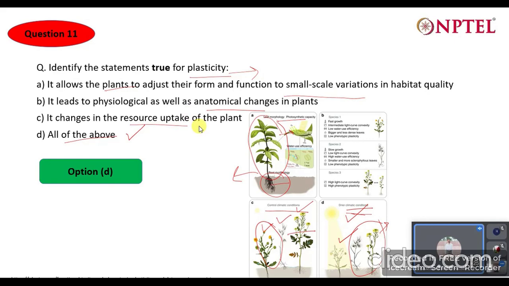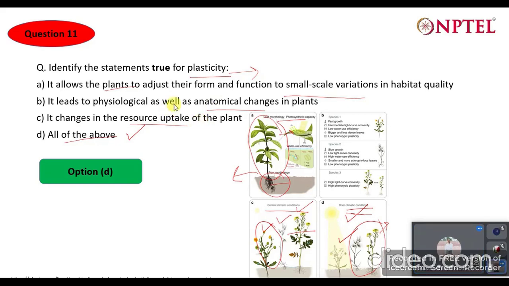But plasticity is usually taken as the external phenotypic change. Now, how is it possible that all of the above will refer to plasticity? Am I incorrect?